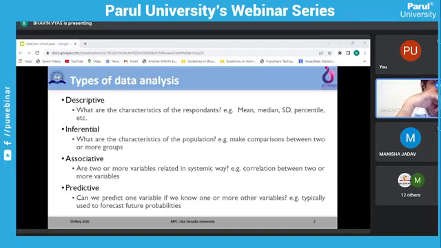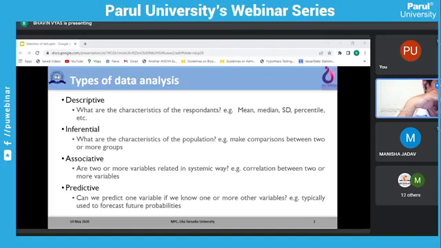Each and every department might use a different type of data, and by that they might be doing a different type of data analysis. Generally, whatever data you will be collecting, I can classify that into four types of data analysis.